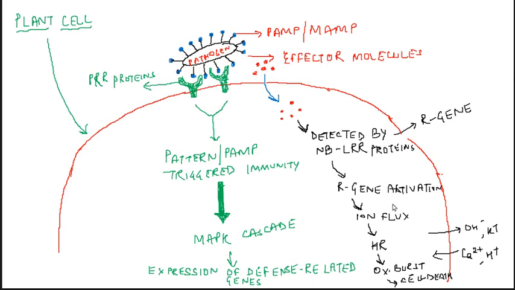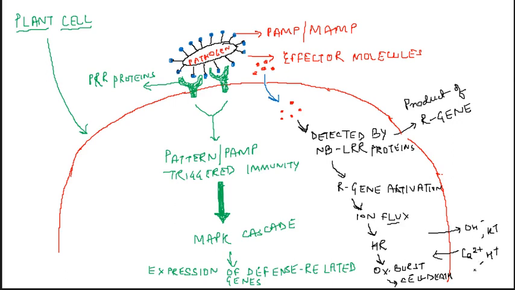These LRR proteins are the product of R genes, and once LRR proteins are activated, more and more R genes will be activated, and there will be several changes following that. There will be ion flux.